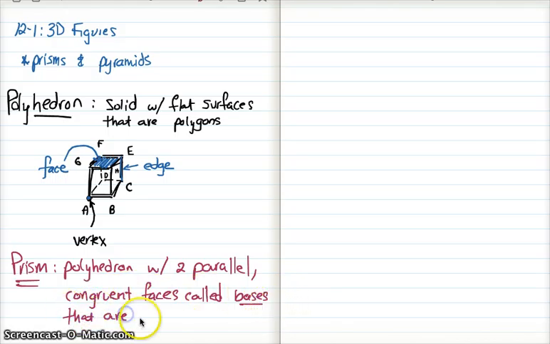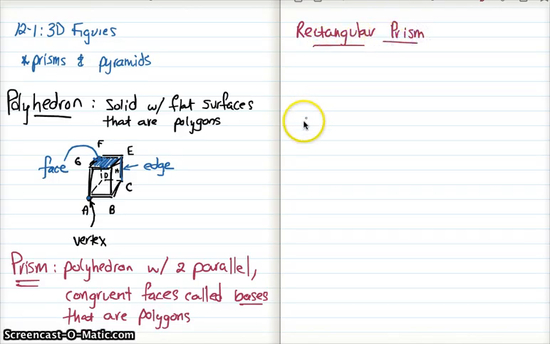These are fun to draw. So let's draw a rectangular prism. It's a polyhedron with 2 parallel congruent faces called bases that are polygons. In this particular case, the polygon I'll be working with is a rectangle.